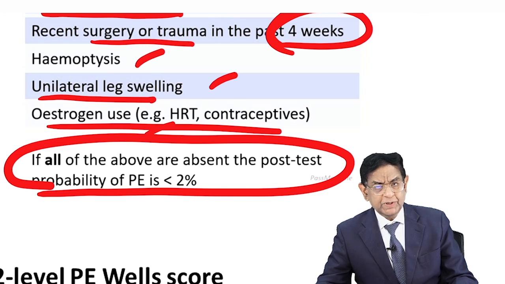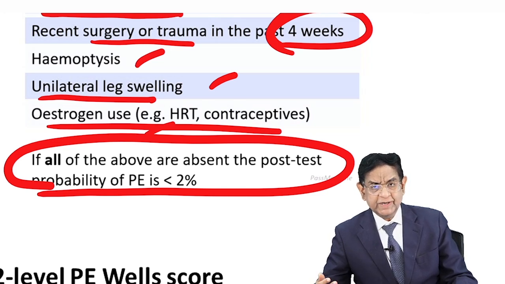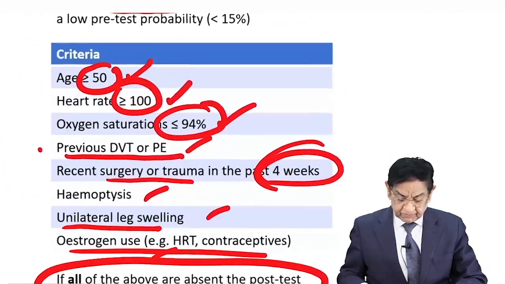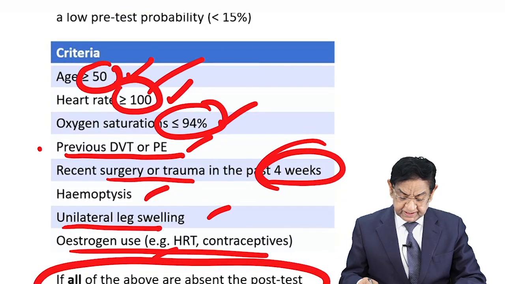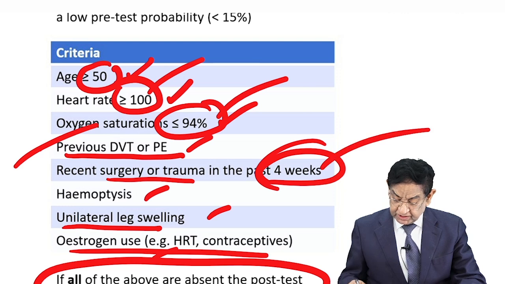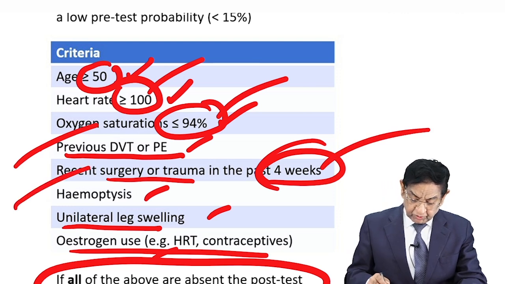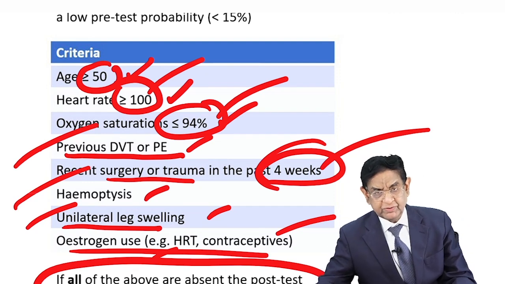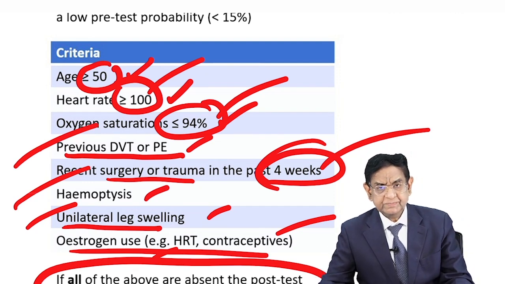So point to be noted, they have ruled out, okay, he is a man of 40 years, heart rate is 90, saturation is 96, there is no history of embolism, no surgery, no trauma, no hemoptysis, no leg swelling, he is a male patient, no use of HRT, nothing.